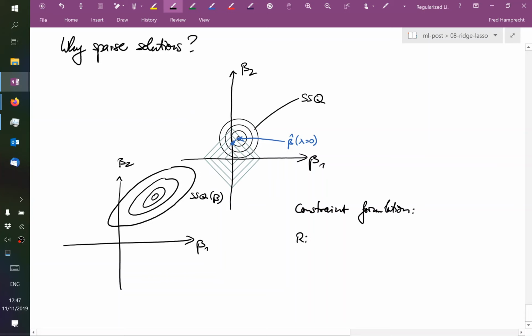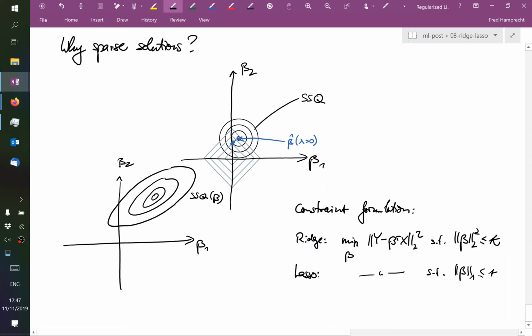For ridge, it would be to minimize the sum of squares over beta, such that the L2 norm of beta is less than some value, not lambda, but I need a different letter here, let's say kappa. And for the Lasso, it would be the same thing, such that the L1 norm of beta is less than kappa.